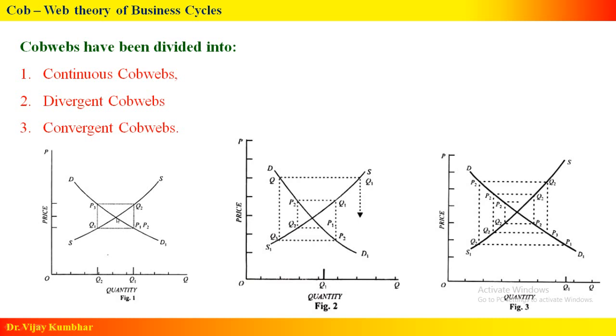Hence, it is known as a continuous cobweb. This is the divergent cobweb. This indicates the divergent train of changing price and supply. And third is the convergent cobweb. The convergent cobweb is the opposite of the divergent cobweb.